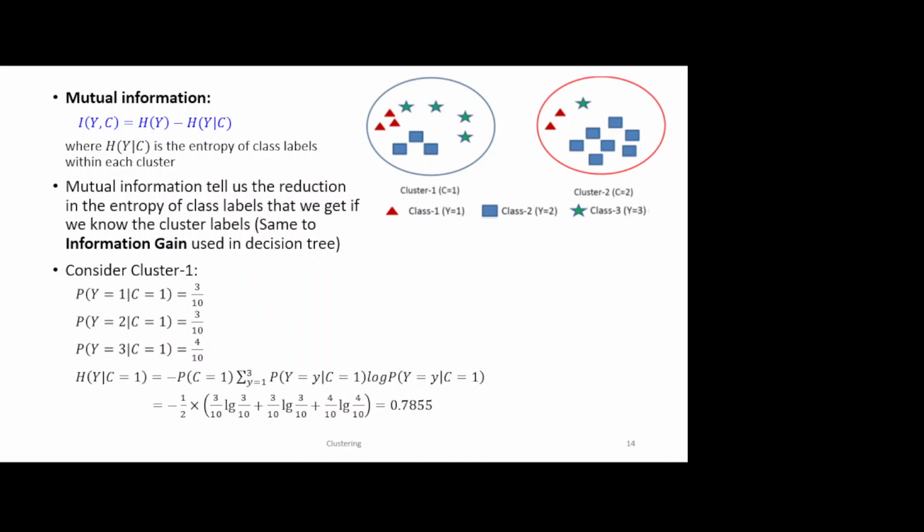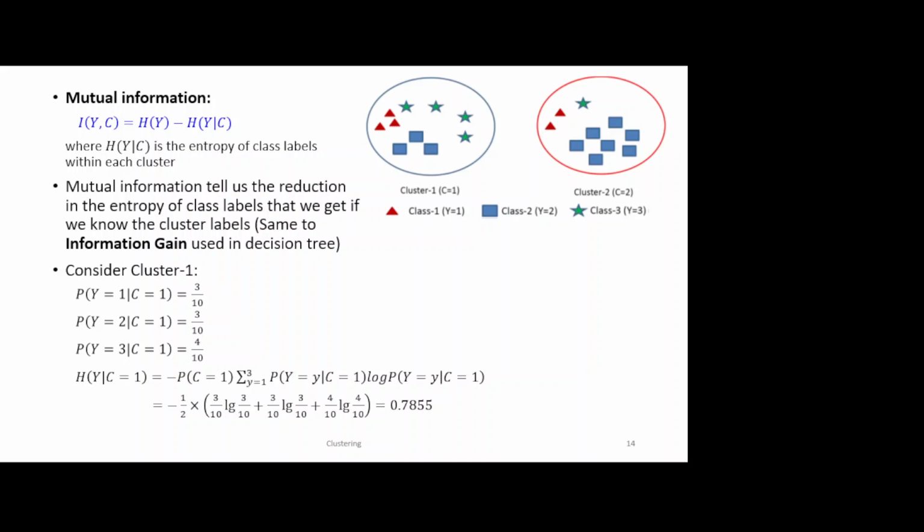If you know the decision tree, the idea is actually the same as the decision tree. You can recall the information gain method. So I will not repeat it again, but here just give the example of how to calculate it.